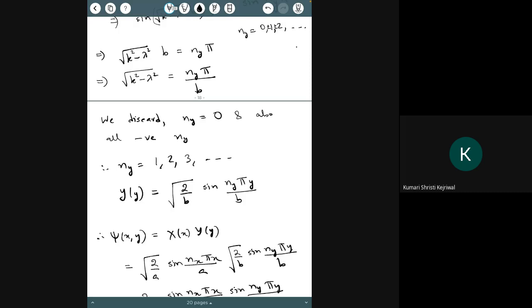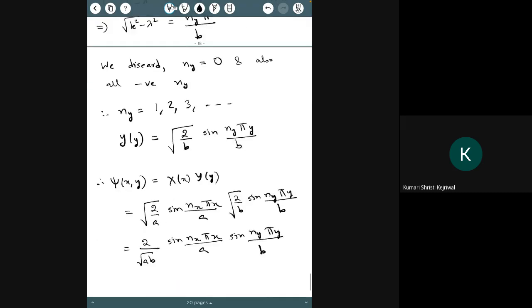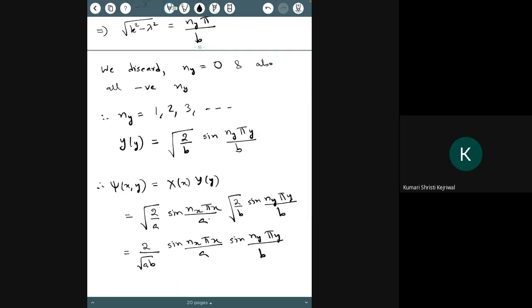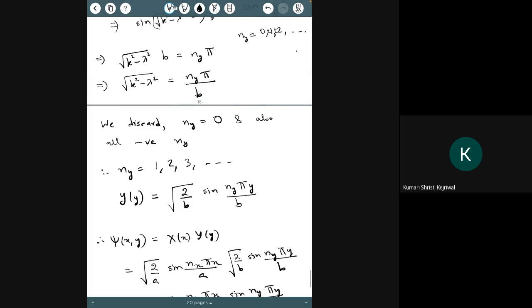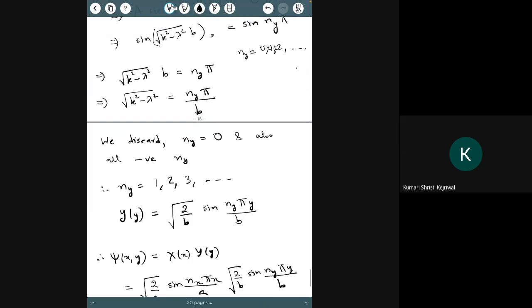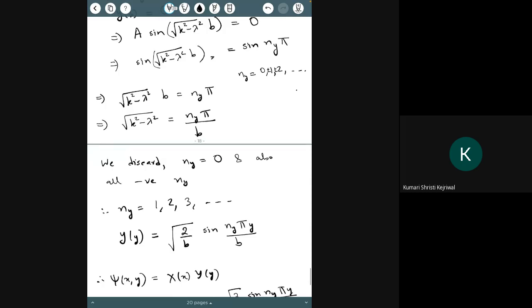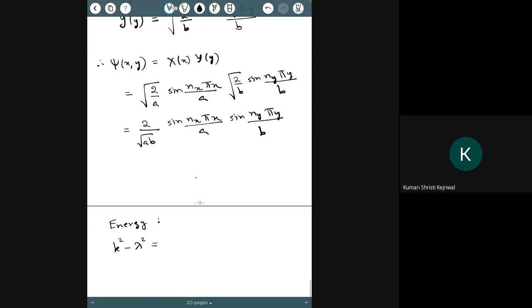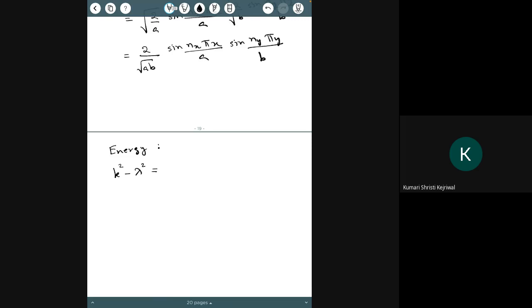So to find the energy, basically we need to know k square. So we have a relation between the energy and k square. So we'll find out k square from the y direction quantization condition, and then we will substitute. I'll send it to you anyway, so you can complete it later.